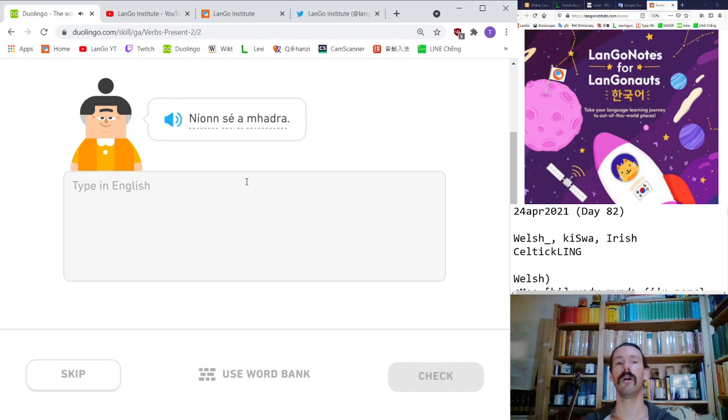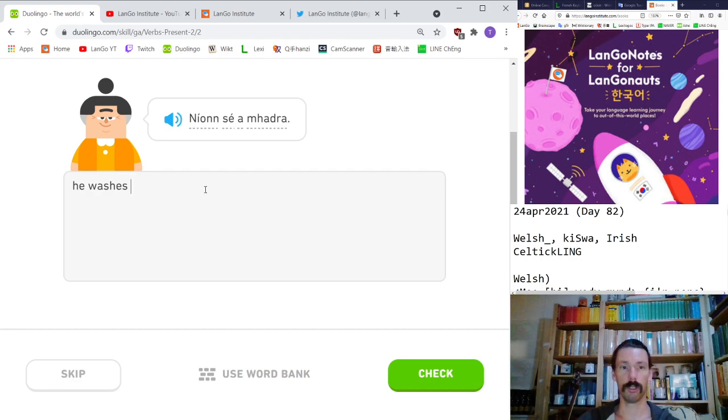Níonn sé a mhadra. Níonn sé, he washes. So, a mhadra. Here we see. Is this plural? And what is it that we see? The difference in case form between nominative and accusative looks like. This has got to be a direct object. His dog. Yeah, that's what's called lenition. A mhadra. So I think it would be the same in the nominative too, right?